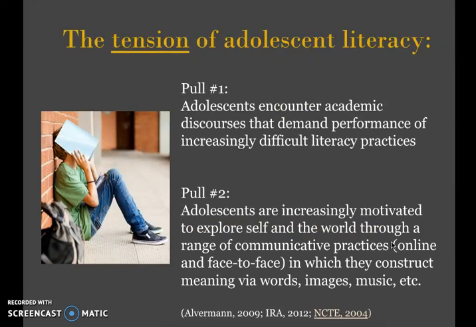There is a tension when it comes to thinking about adolescent literacy, and adolescent literacy is very much defined by this tension. So at one side, adolescents are being required to do more complex tasks in the secondary grades, and they're reading and encountering more complex texts. So they're being asked to do more with more difficult texts. So that's one pull that they're experiencing.